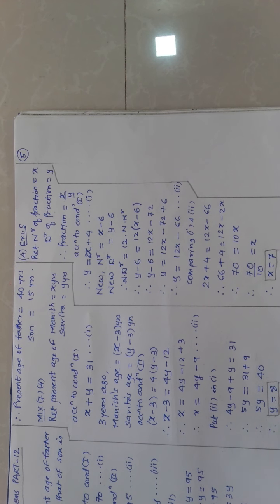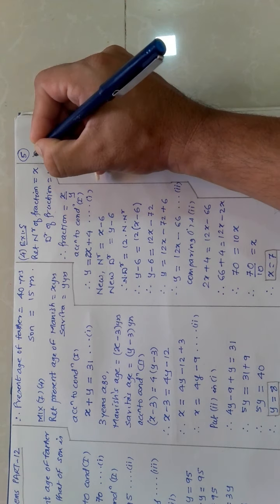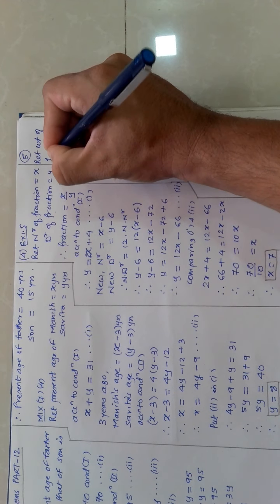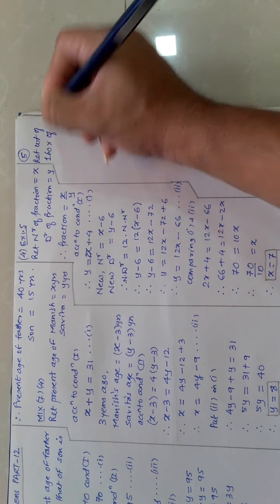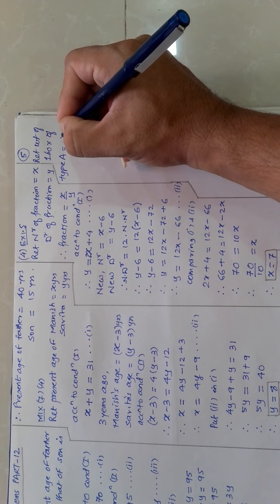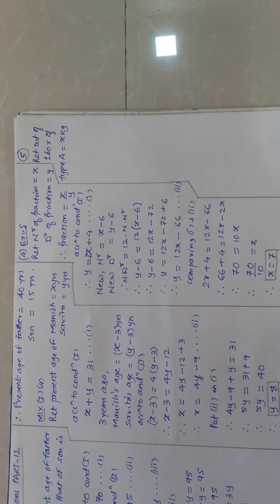Agreed? That means I must know what is the weight of box A and what is the weight of box B. So I will say here, let the weight of one box of type A be called x kg. Right?